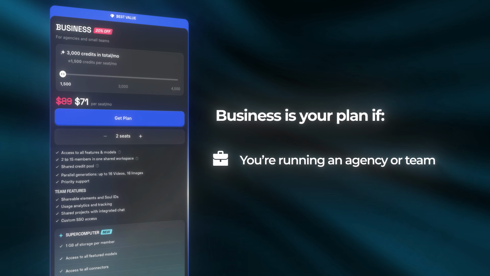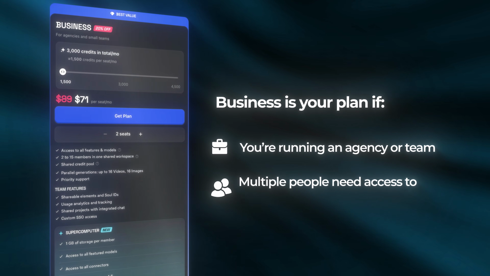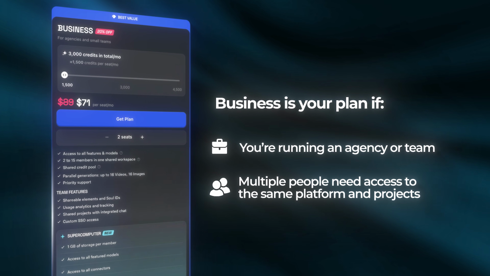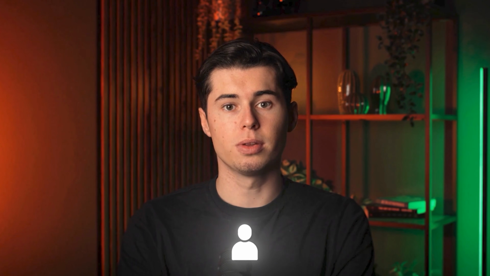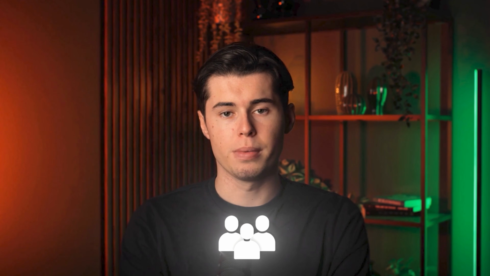If you're running an agency or a content team where multiple people need access to the same platform and the same projects, this is the plan that makes that possible. For a solo creator, business doesn't make sense. The minimum spend is too high, and the credit per dollar ratio isn't as strong as Ultra. But for a team of 2 or more people actively producing together, it's the right infrastructure.